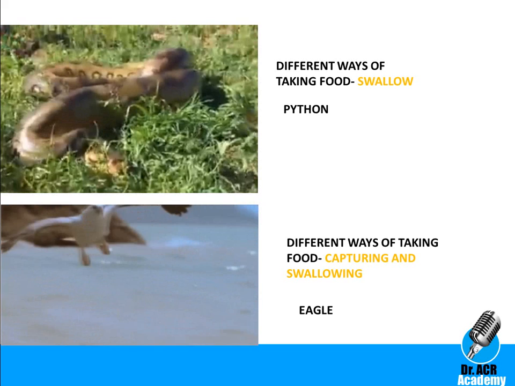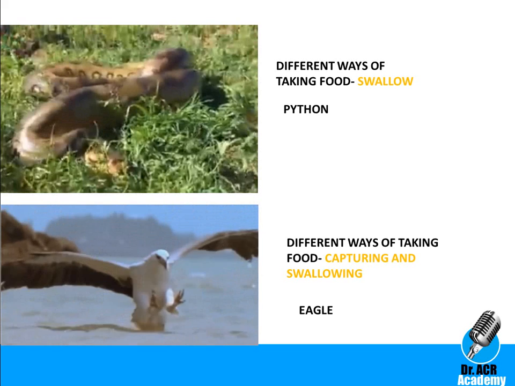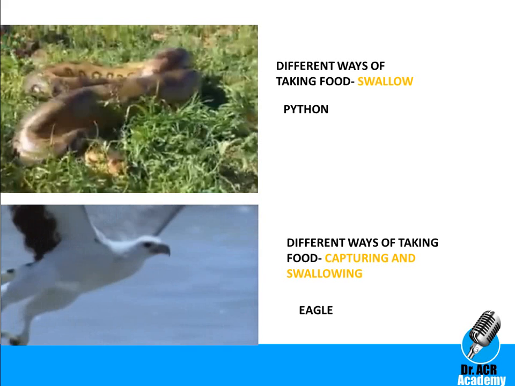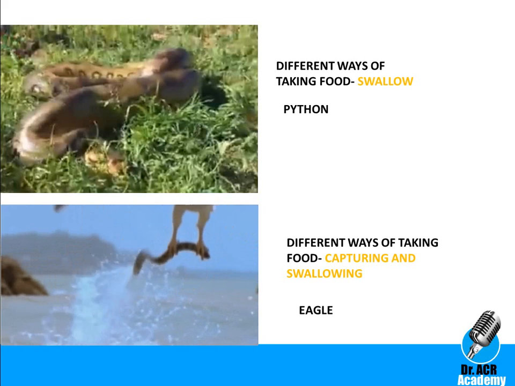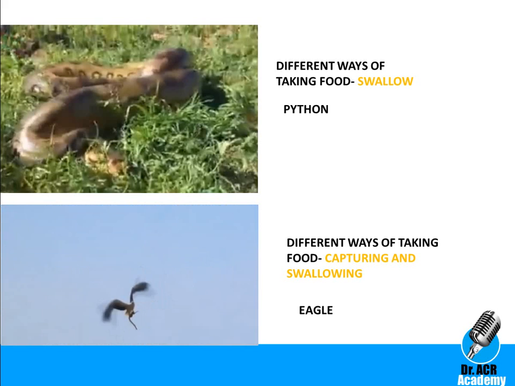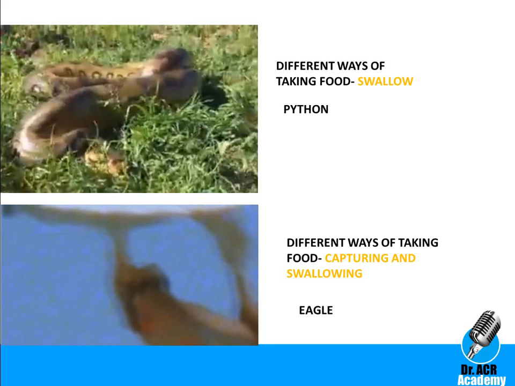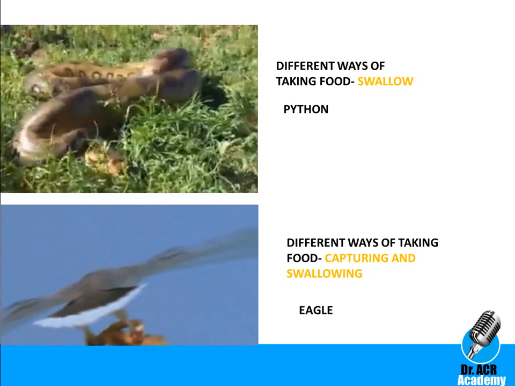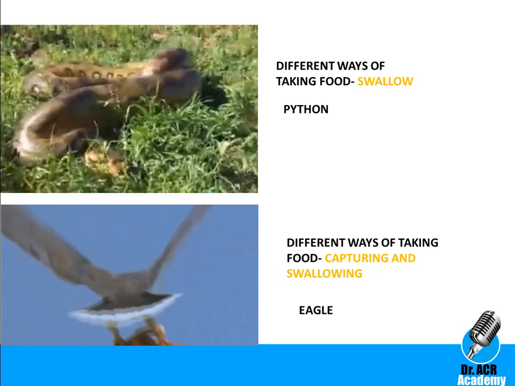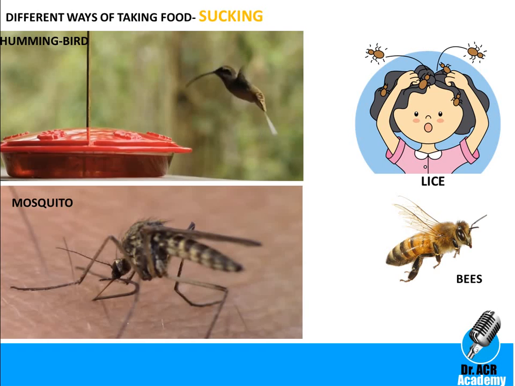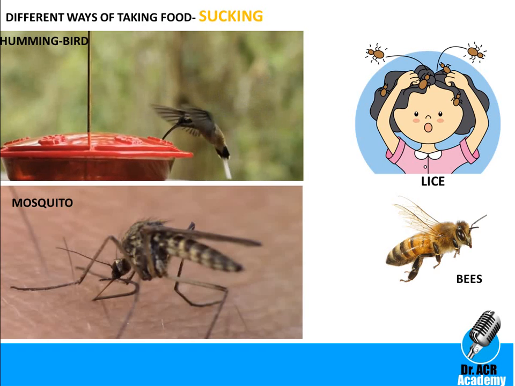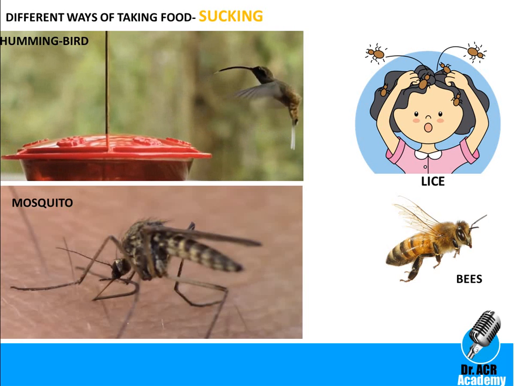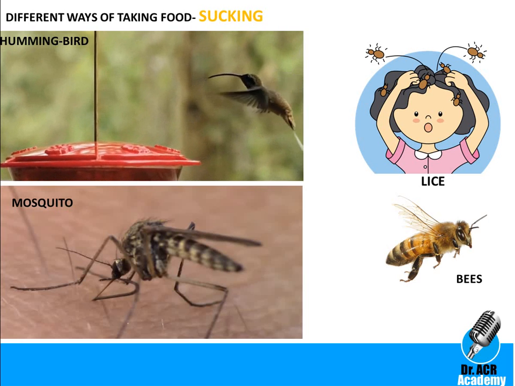Another way of taking in food is capturing and swallowing, which is seen in eagles. Another way of taking in food is sucking, which is seen in hummingbirds, mosquitoes, lice, and bees.